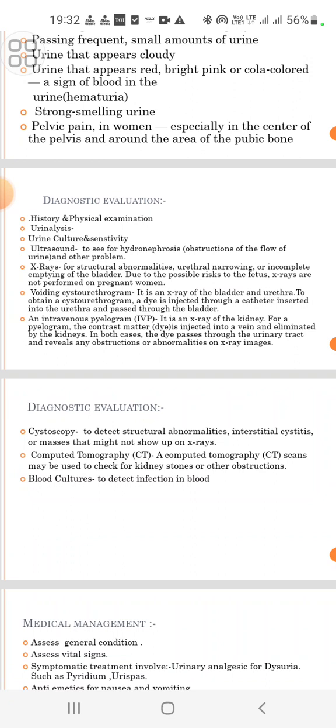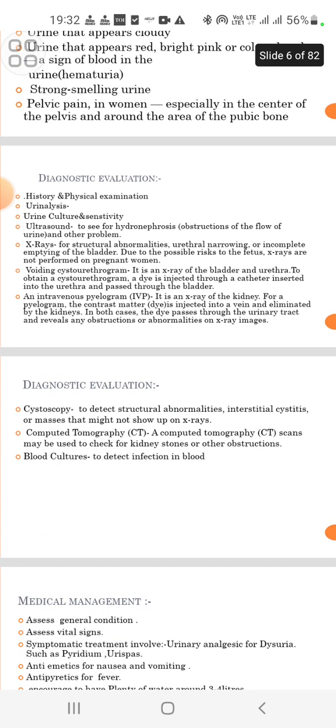And if the diagnosis is not confirmed, and the physician is not sure enough to know the exact problem, then we can go for others like CT scan and MRI. CT scan is computerized tomography, a procedure done to take cross sectional images of a particular organ.